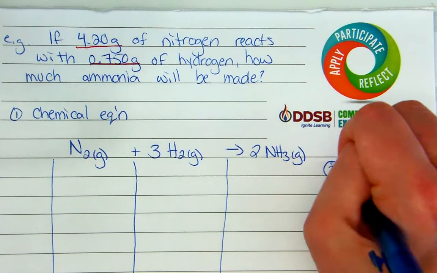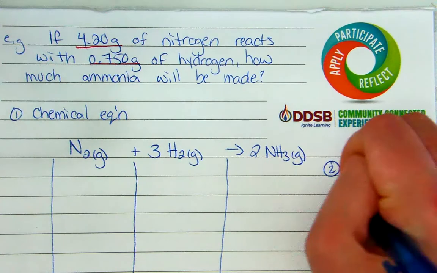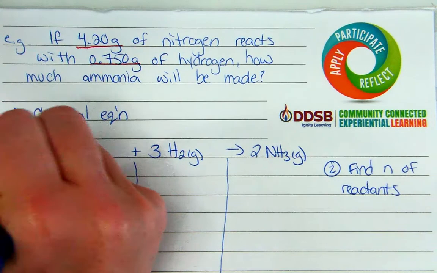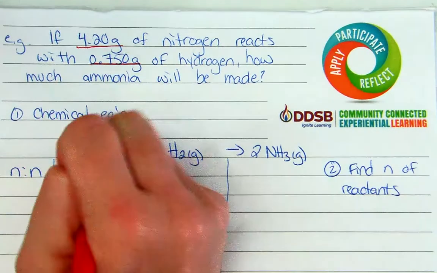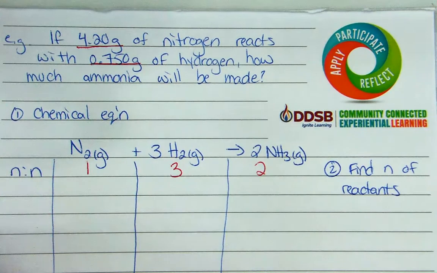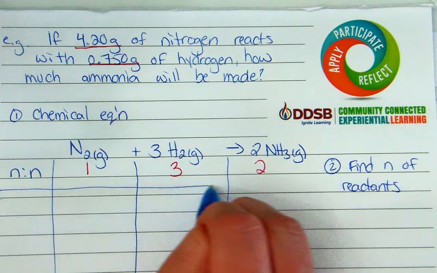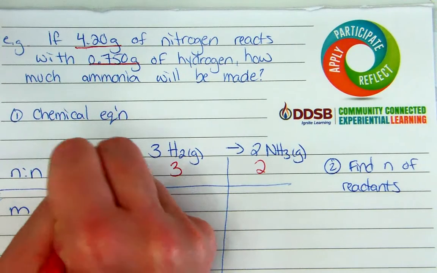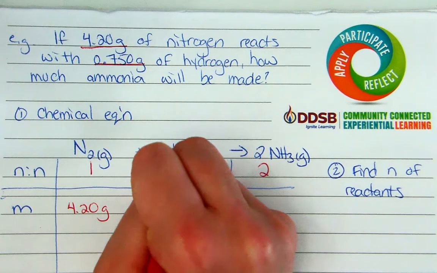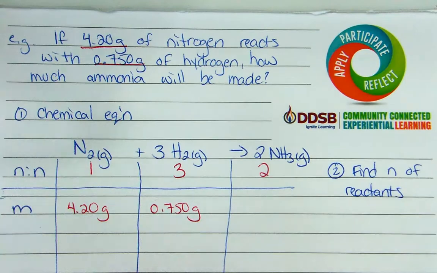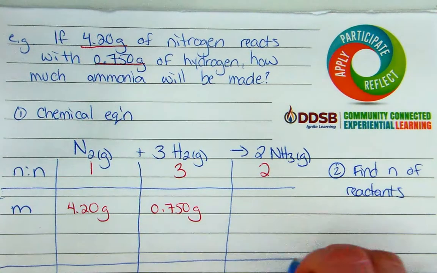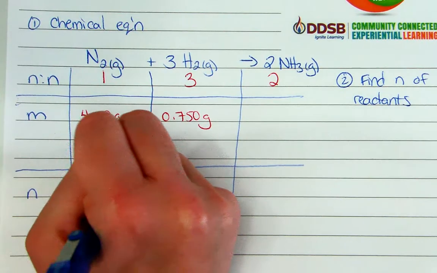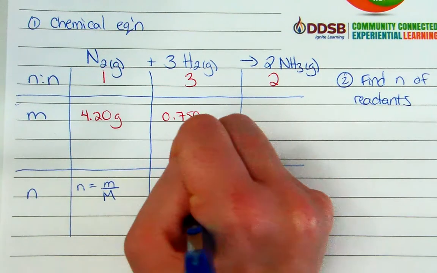So step 2, find the number of moles of the reactants. I'm going to start with my mole to mole ratio, which is 1 to 3 to 2. I've been given the mass of each reactant. I have 4.20 grams of nitrogen and 0.750 grams of hydrogen. Let's find the number of moles. Remember that number of moles is mass divided by molar mass. So I'm going to work through these.